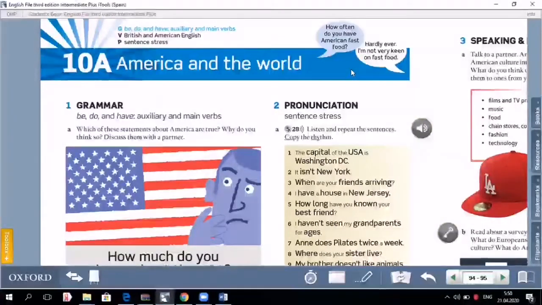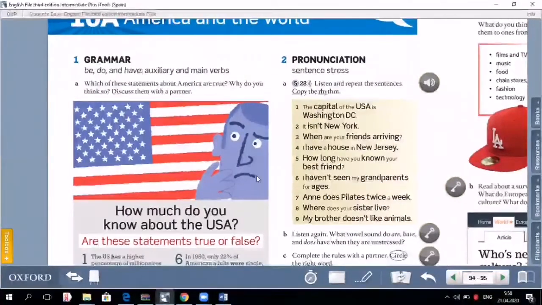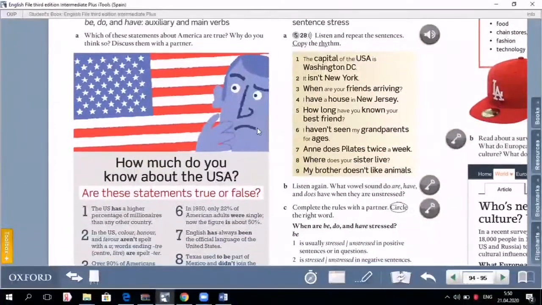Likewise, its cultural imprint spans the world, led in large part by its popular culture expressed in music, movies, and television. And you know that there are 52 states in America. The United States of America is one of the biggest countries in the world. And here you see the flag of the USA.